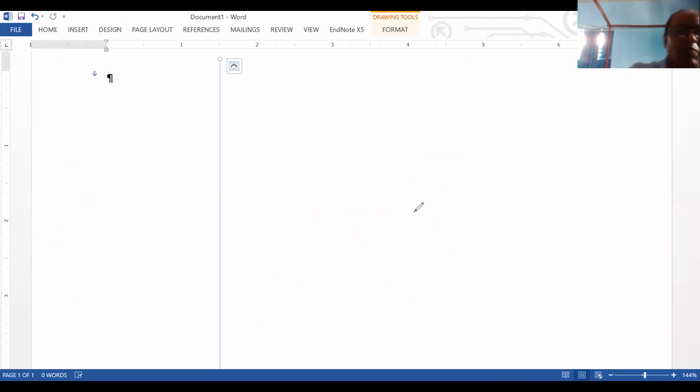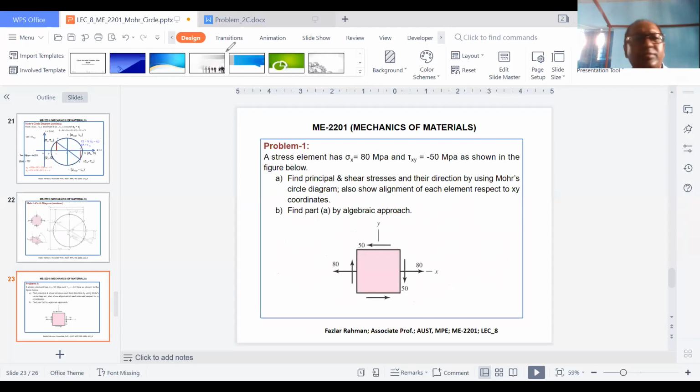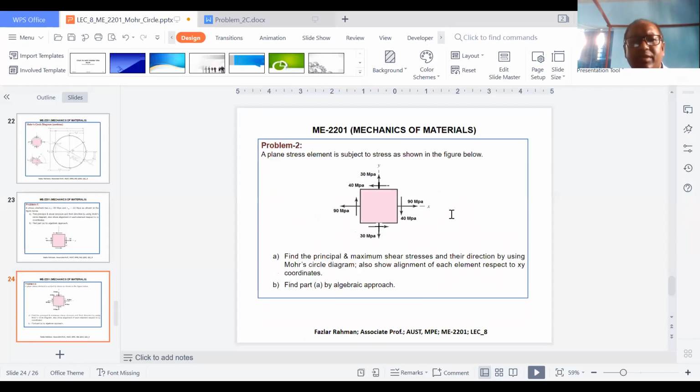Okay, I took a Watt 5. At first, we'll see what is our coordinate system, our x and y. So I'm sharing our main screen. We'll solve this problem with Mohr's circle.